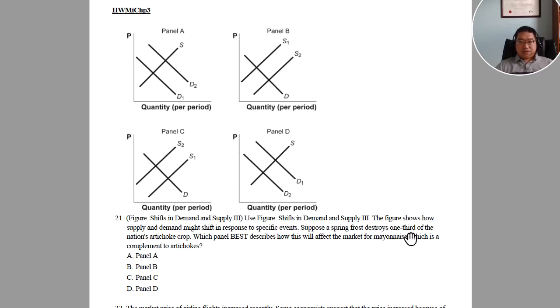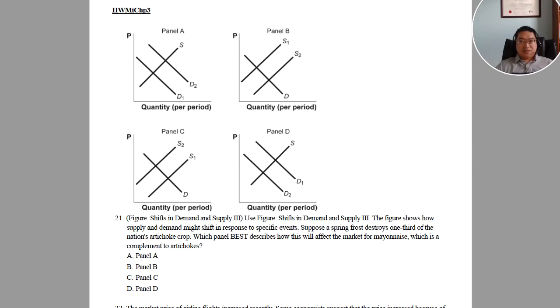This set of pictures shows how supply and demand might shift in response to specific events. Suppose a spring frost destroys 1/3 of the nation's artichoke crop. Which panel best describes how this will affect the market for mayonnaise?